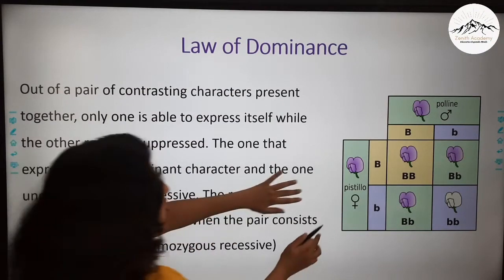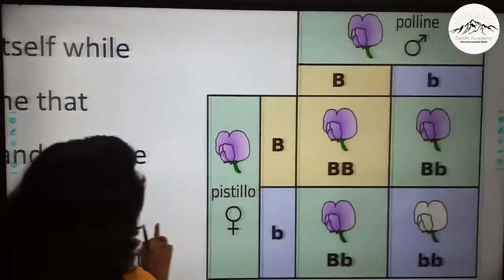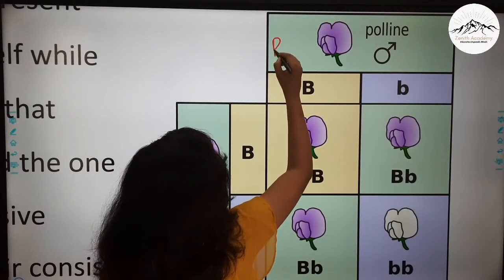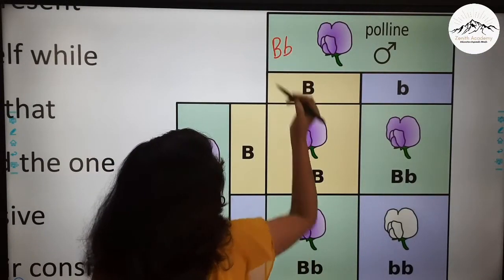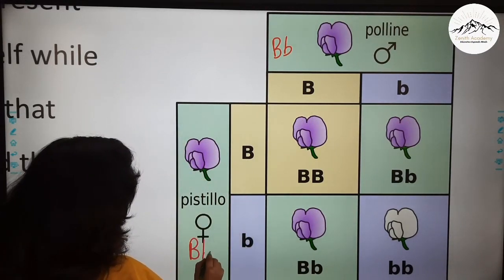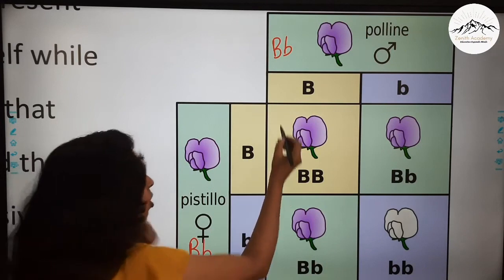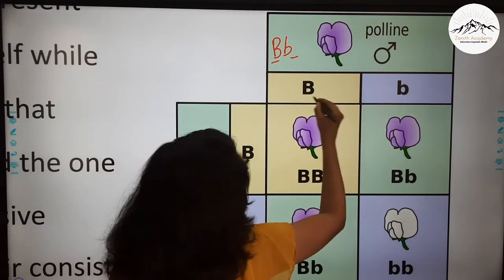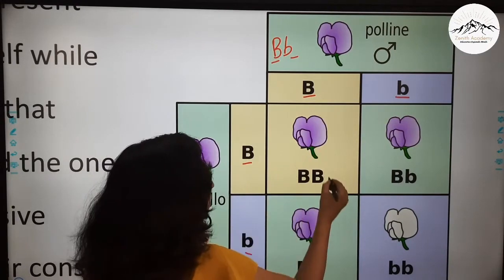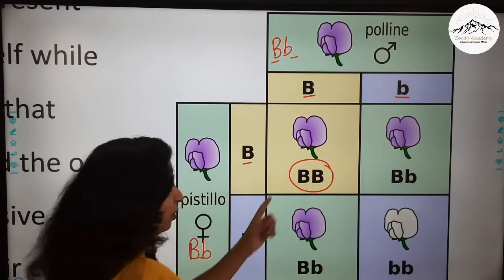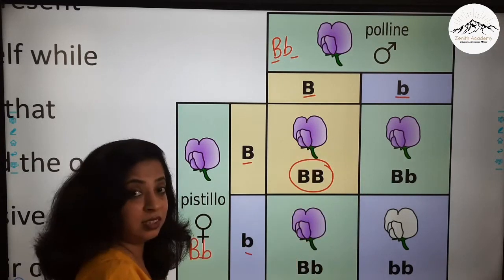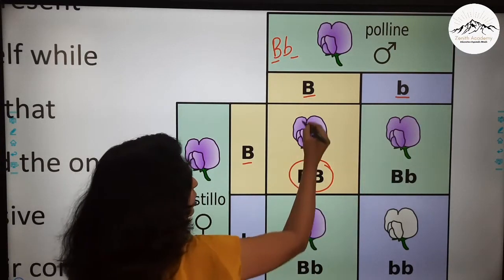So here if you see, we have studied this in our last video, that if we take 2 heterozygous parents, that is capital B small b and here also capital B small b. You remember this was the first generation. So when we take these two, capital B small b, and breed them. So here you can see this capital B, here both are dominant. So that is why this is able to express its color, that is purple color.